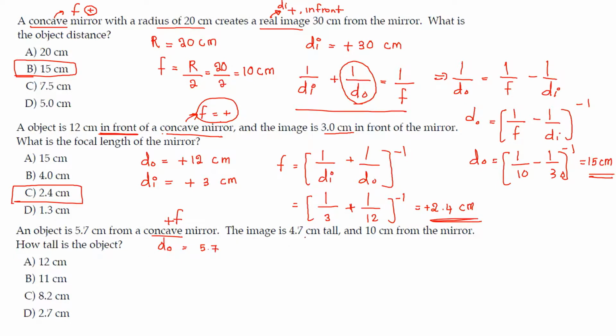The image is 4 centimeters tall. So they are talking about height, right? HI is 4.7. And also they have given DI is 10 centimeters from the mirror. They're asking how tall is your object?